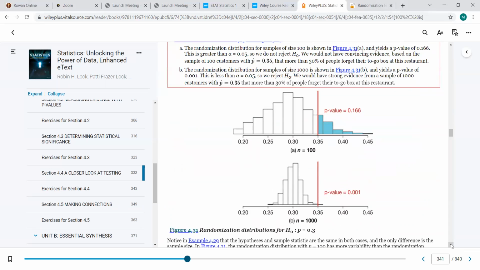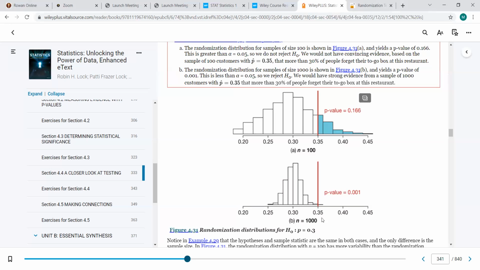Notice here in this case, this is the same sample statistic. Here is a p-hat, a sample proportion of 0.35 in both cases. But in case one, you have a sample size of 100, and in case two, you have a sample size of 1,000.